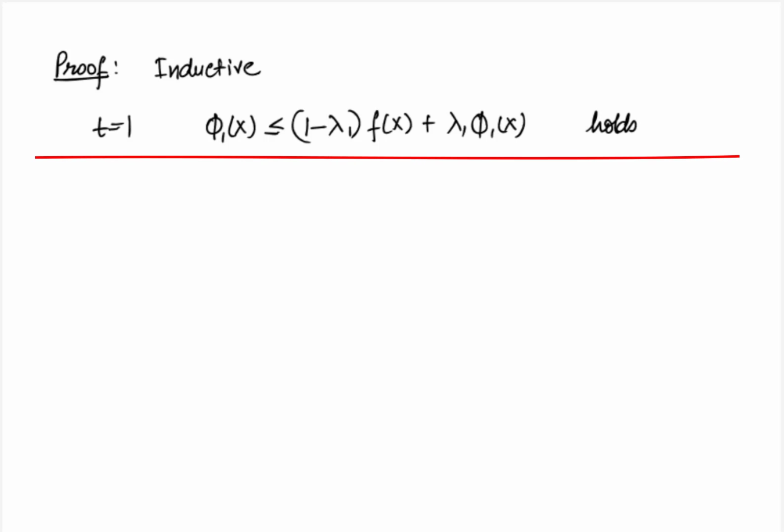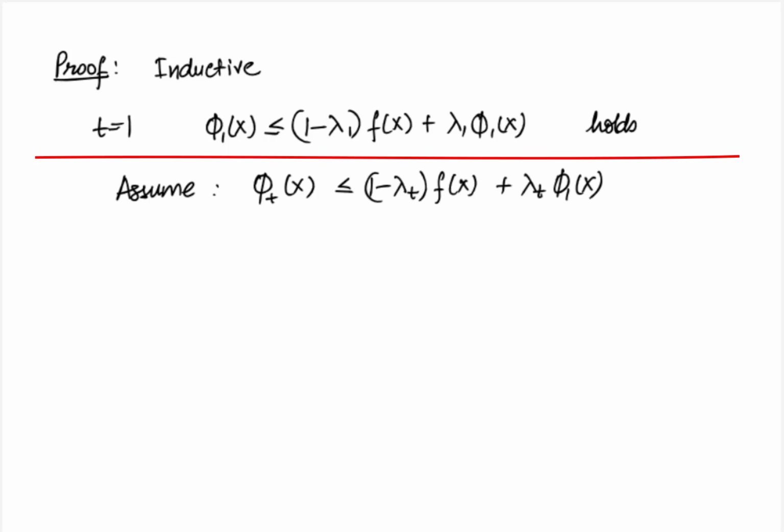The next step in any inductive proof is to assume the required statement holds for t. Which is that phi t of x is less than or equal to (1 minus lambda t) f of x plus lambda t phi 1 of x. So we need to assume that this is true for some t which is greater than or equal to 1. This is called the induction hypothesis.